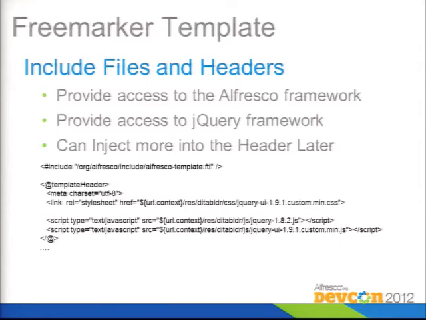So I'm going to put that directly into the base Freemarker template because I'm going to use a bunch of jQuery calls inside of my actual page code. I could actually put that into one of the components, and I'll show you how to do that in a second. You can inject pieces of code back into this header region from some of the smaller region definitions later.